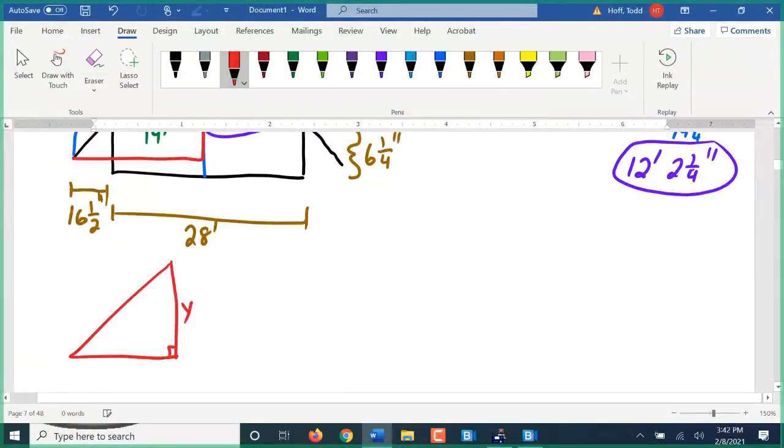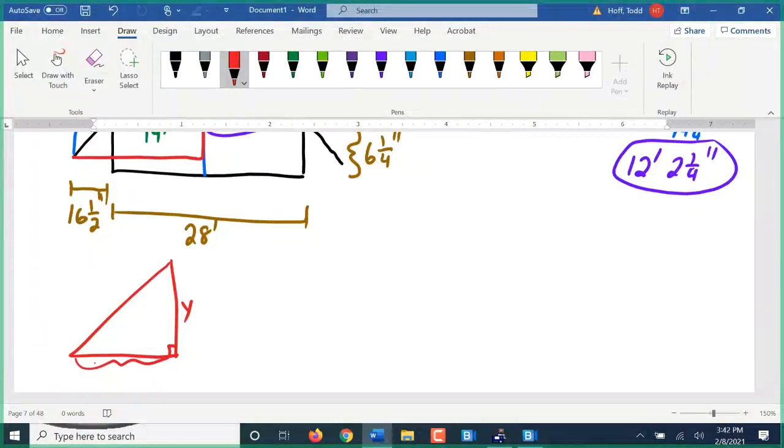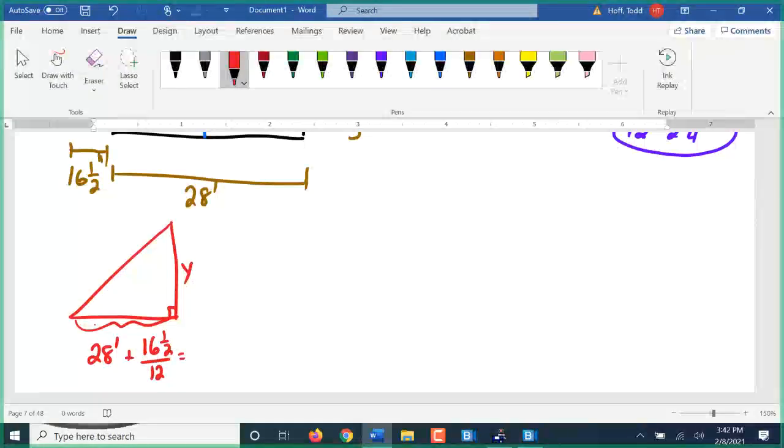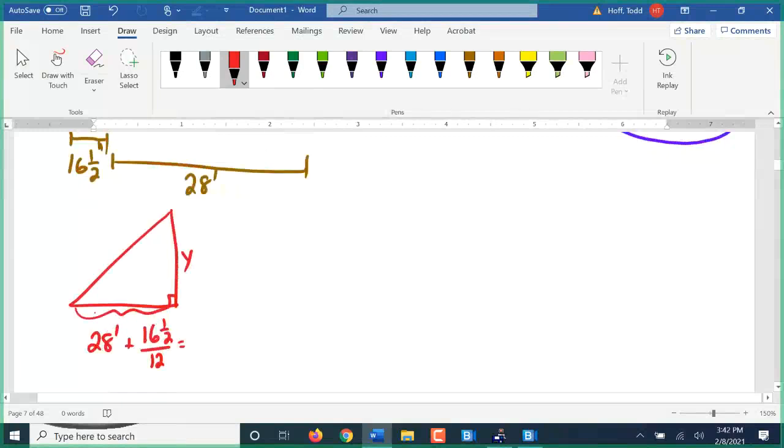Call this Y. What's this length down here? Wait, no, it's 28 feet. Oh, it's not 28 feet, it's 14 feet. Yeah, thank you. Good catch. It is 15 feet, 4.5 inches. So we want to convert it into a decimal number of feet.